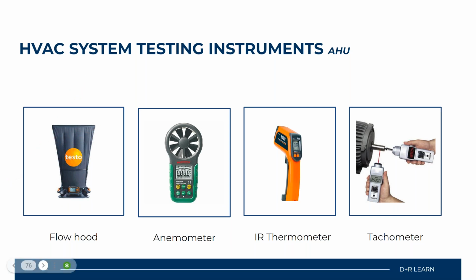So wherever you have your 12 by 12 supply diffusers or return vents or grills, you're going to use a flow hood to make sure that the cubic feet per minute of air that's flowing through that supply or return ducting system is what is listed on your blueprint. So you have blueprints that are capable of showing what the specific volume of air or velocity of air needs to be flowing into that space.